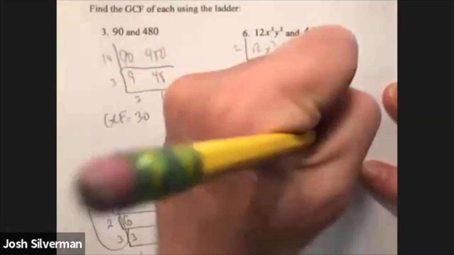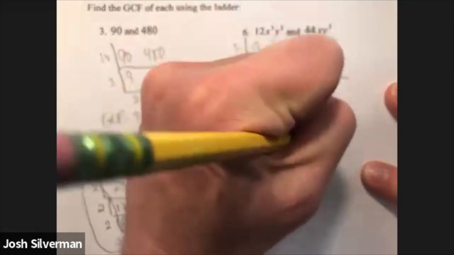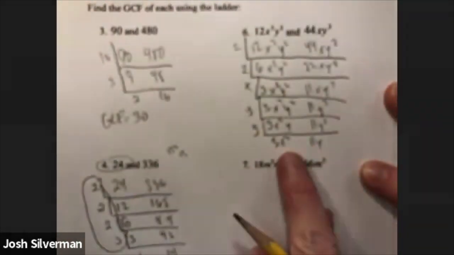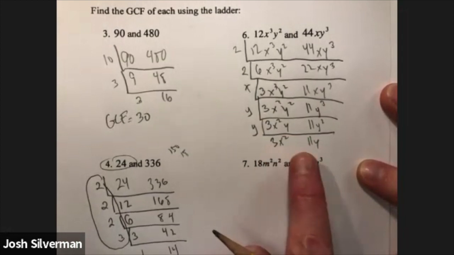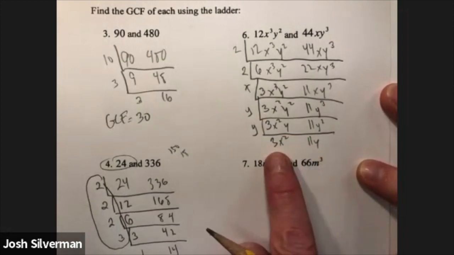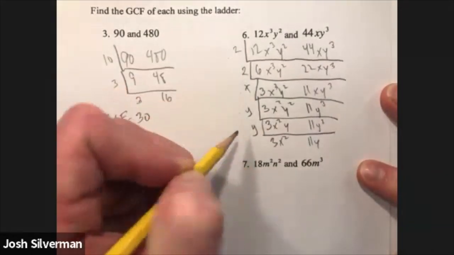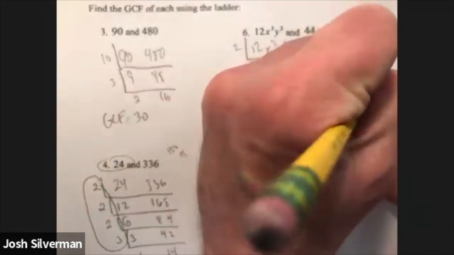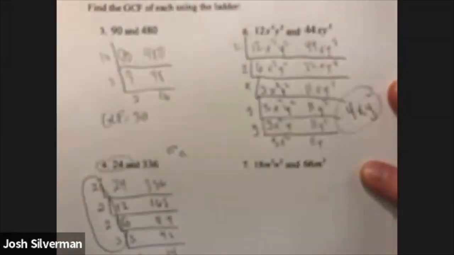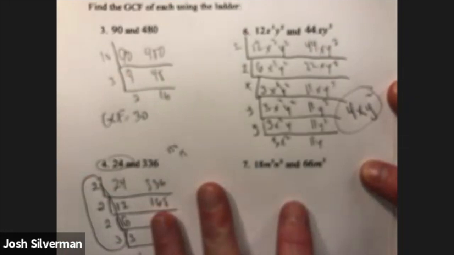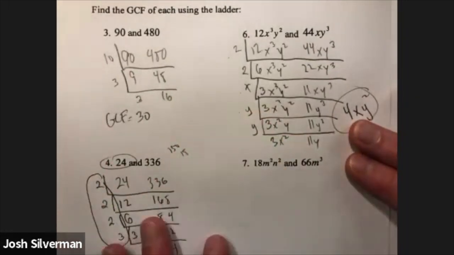Take out another y. That's it. That's as far as we go. Oops, lost focus there. That's as far as we go. The only thing left that can divide into both of those terms is a 1. What is the GCF? 2 times 2 times x times y times y. That is going to be 4xy squared. That would be our GCF. There we go.